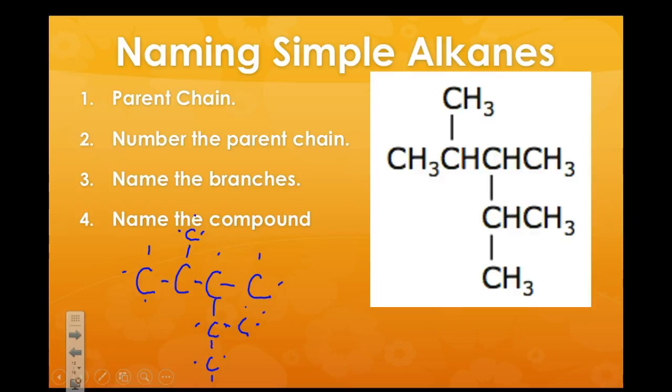How many carbons are in the longest possible continuous chain? 5 carbons. Do you see it? Carbon 1, 2, 3, 4, 5.